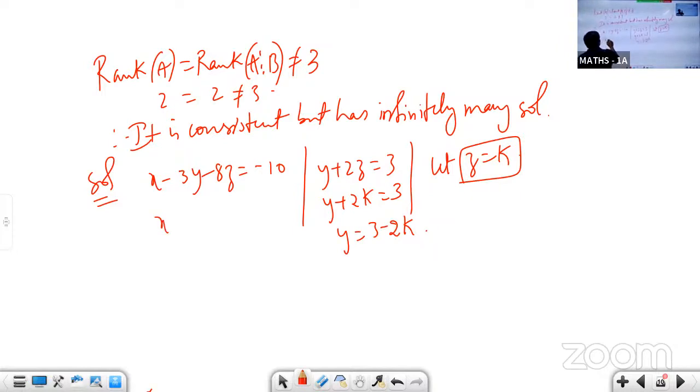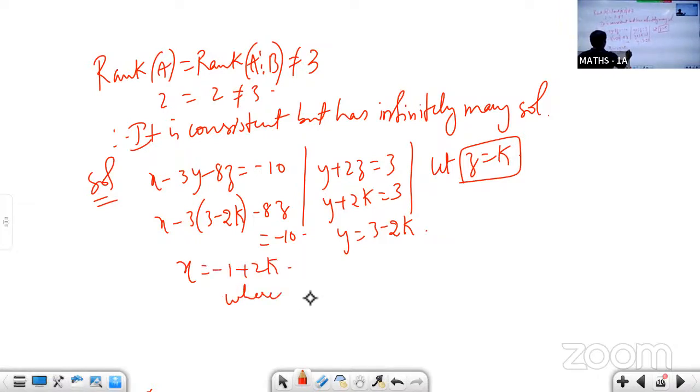Then x minus 3 into (3 minus 2k) minus 8z equal to minus 10. On simplifying, x equals minus 1 plus 2k, where k is a scalar. Is it clear? It means you will have infinitely many solutions.